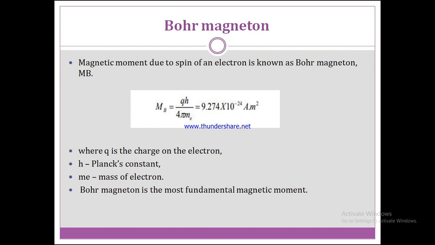Now in this equation, MB is equal to q into h divided by 4 pi me, small q is the charge present on the electron, small h is the Planck's constant, me is the mass of an electron, and according to that we have a value of 9.274 into 10 raised to minus 24 ampere meter square.